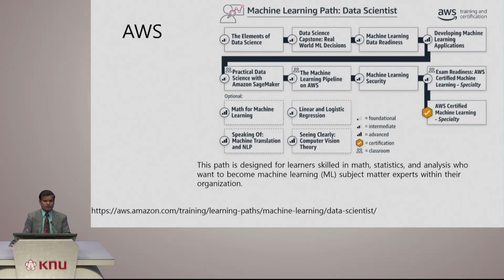Developing and deploying machine learning applications can be done in one single platform. So if you have this certificate, the so-called AWS Certified Machine Learning Engineer or Machine Learning Scientist, that would be an added plus to your CV.